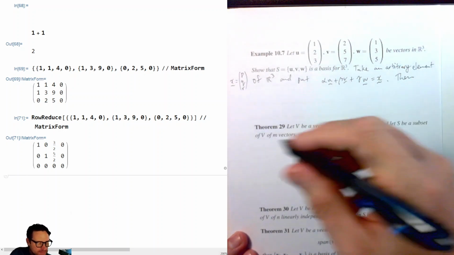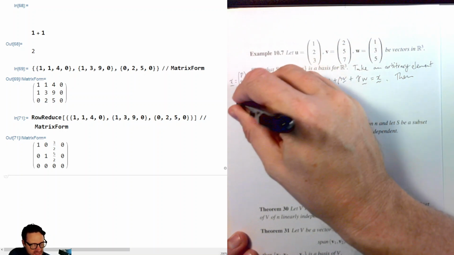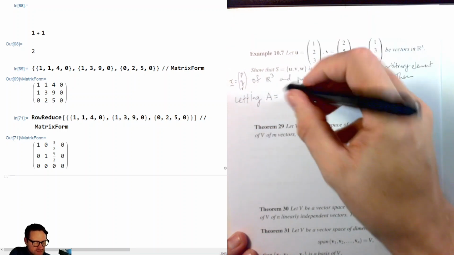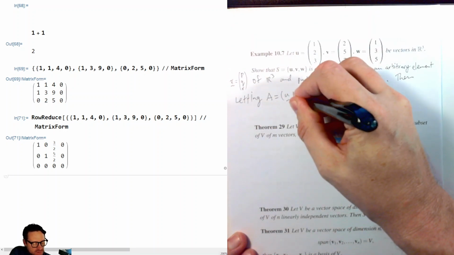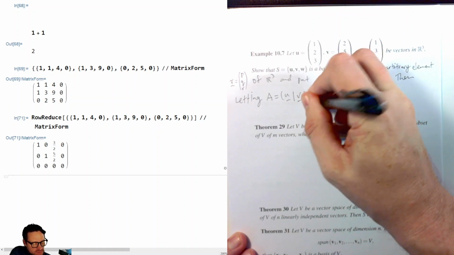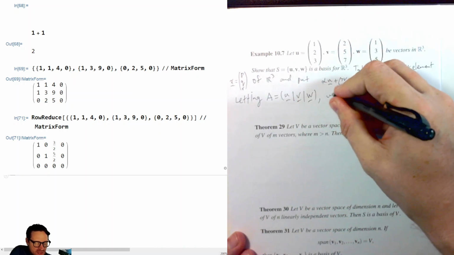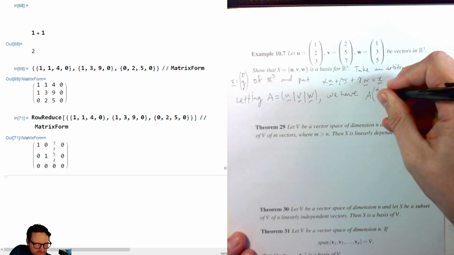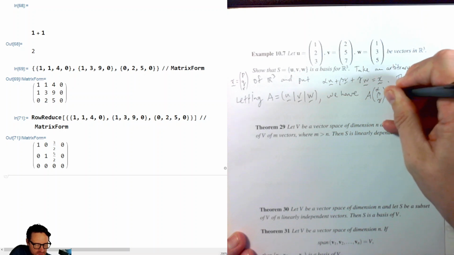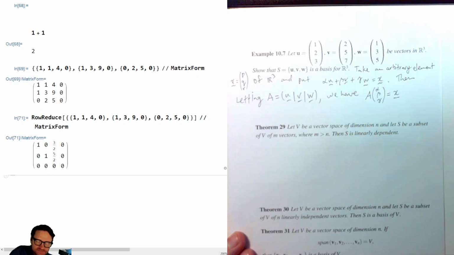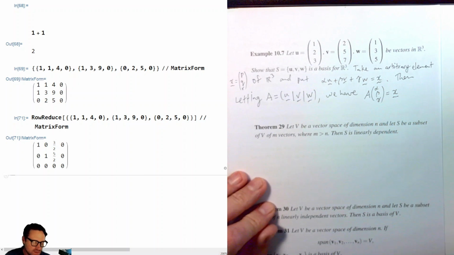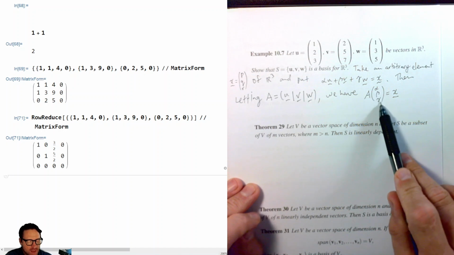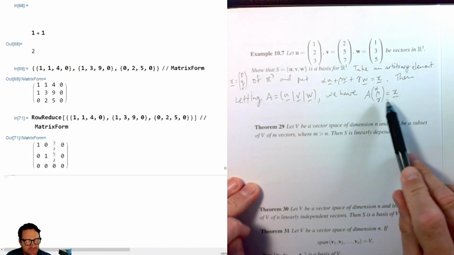So then, letting matrix A be the concatenation of u, v, and w, we have A times (alpha, beta, gamma) equal to the vector x. And so I can always solve for alpha, beta, gamma and get a unique solution if and only if A is invertible.